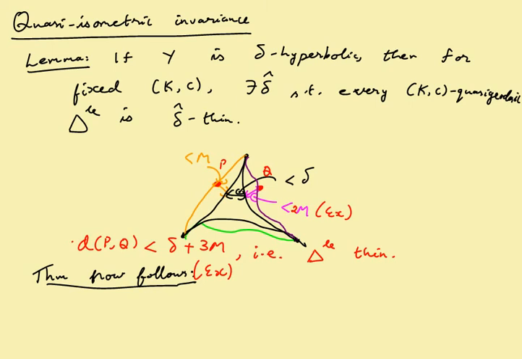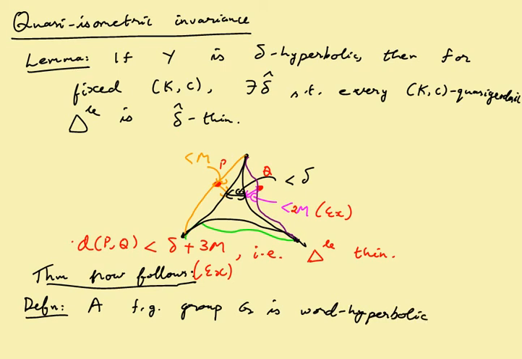Well, an important corollary here is that the following definition makes sense. Namely, a finitely generated group G is word hyperbolic if the group G with the word metric d_S is delta hyperbolic, where S is a finite generating set.